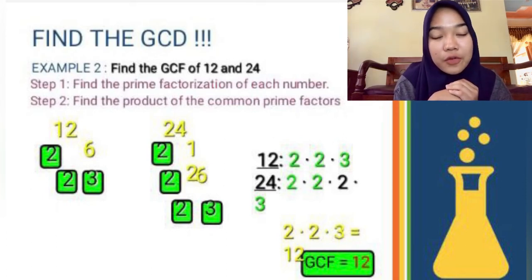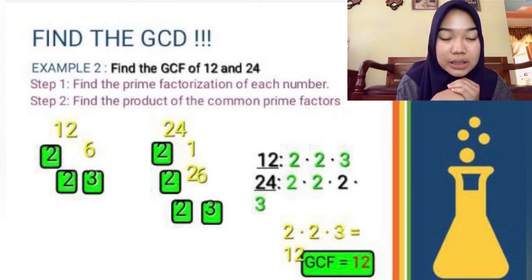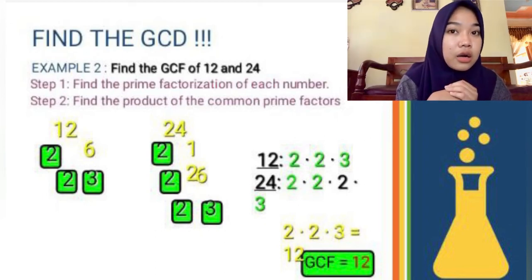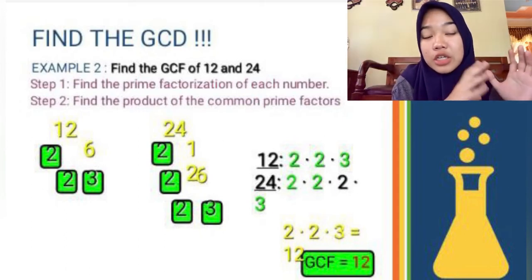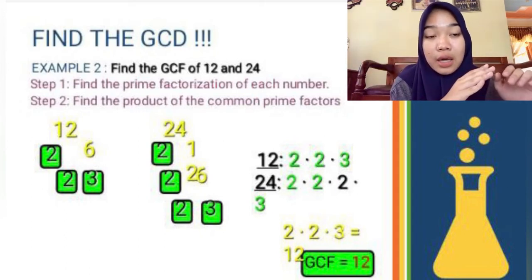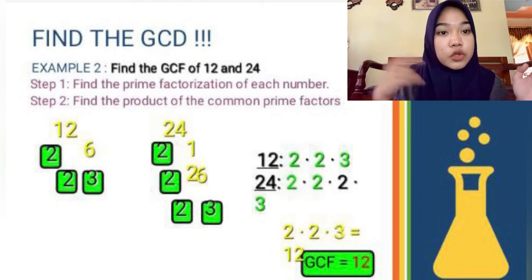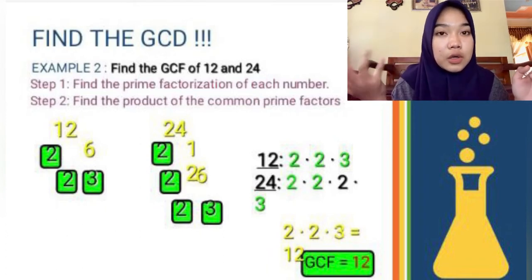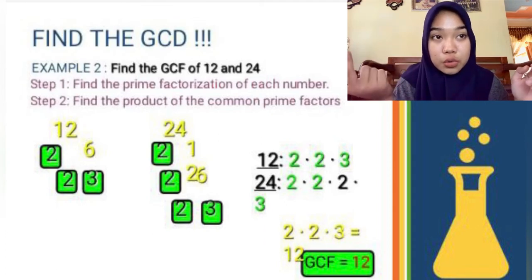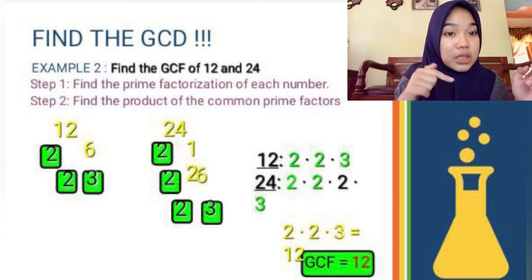From 12, we know that the factorization is 2 times 6, and the factorization of 6 is 2 times 3. So the factorization of 12 equals 2 times 2 times 3.